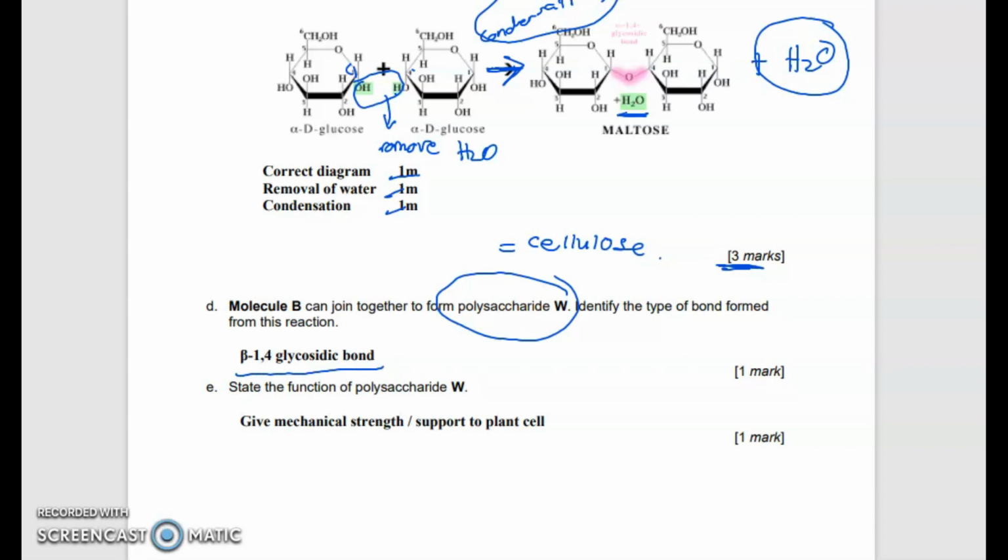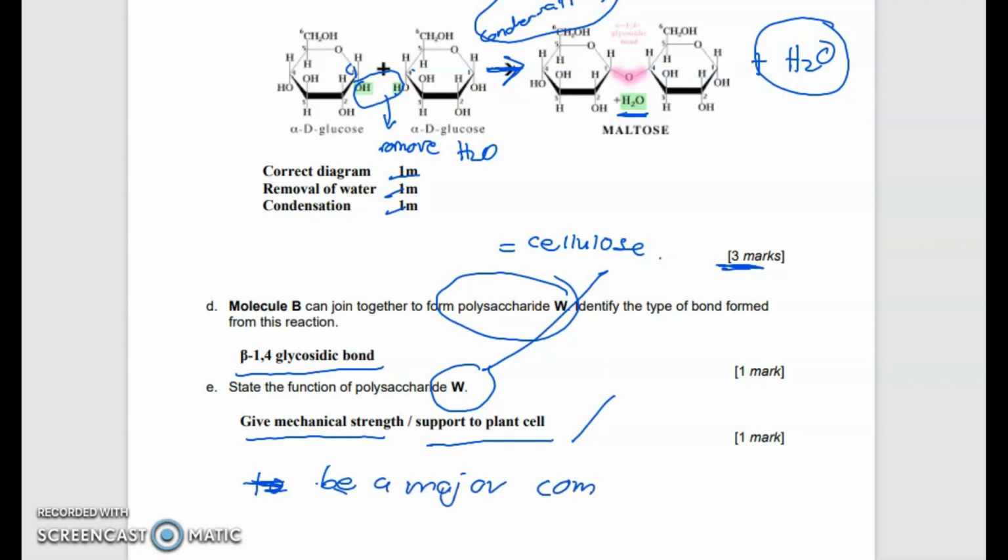And then the last question for this: state the function of polysaccharide W. Since W is cellulose, the function is to give mechanical strength or support to plant cell, or be a major component of tough cell wall.